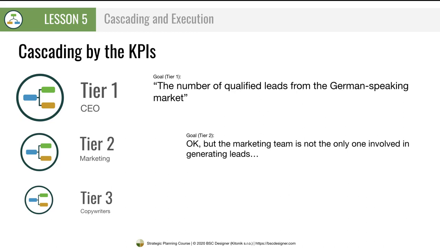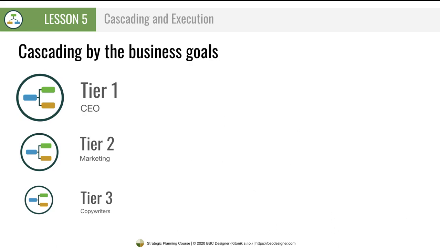The marketing team is not the only one involved in generating leads. Can the marketing team be 100% responsible for this KPI? I guess the answer is no. For Tier 3, the indicator number of leads won't make any sense. The team of copywriters is not directly involved in the lead generation.